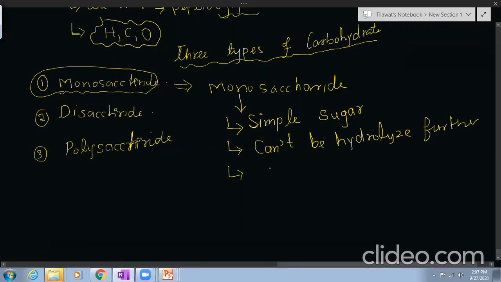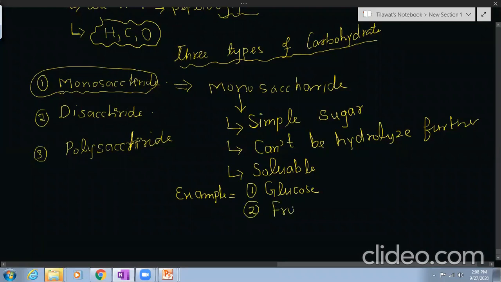Another thing, this is more soluble as compared to other carbohydrates. It is soluble in water and sweet in taste. Examples of monosaccharide: we have glucose, fructose, and galactose.